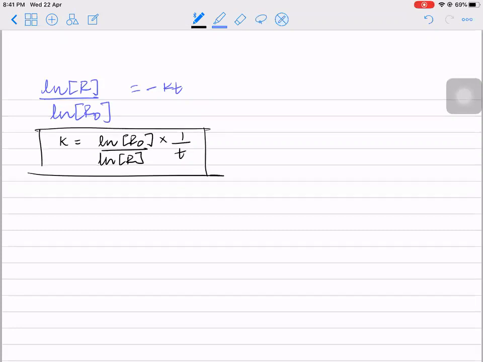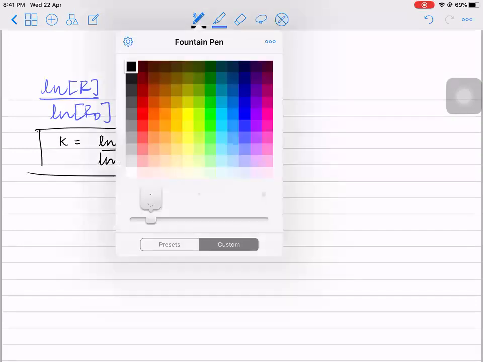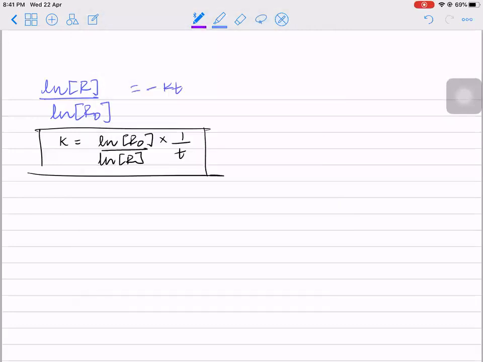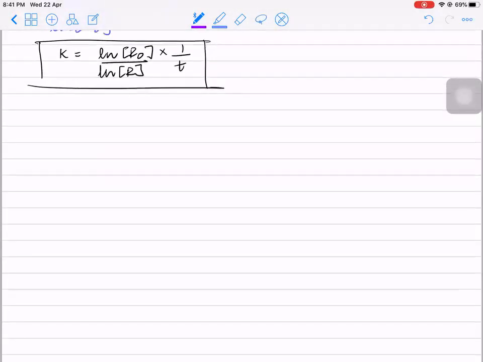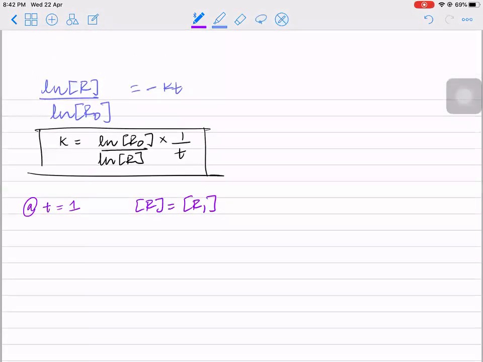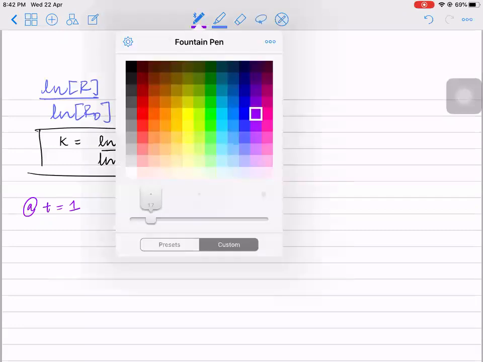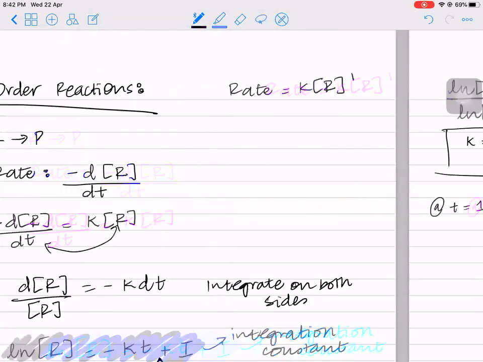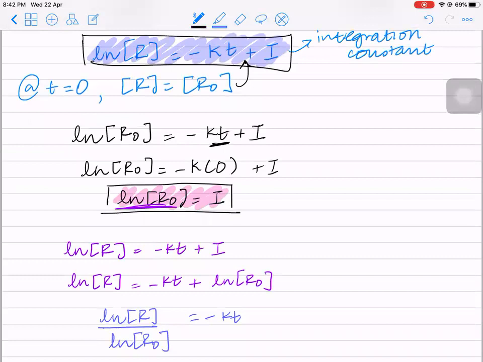Now let me say we have to figure out the equation at t1. So at t1 I can say my R will be equal to R1, right? So what was your equation? The first equation that we did was this guy right here, right?